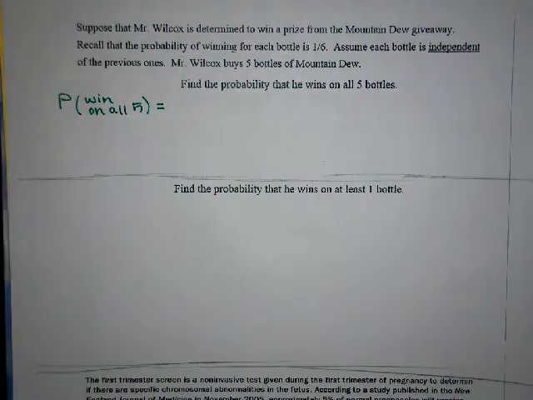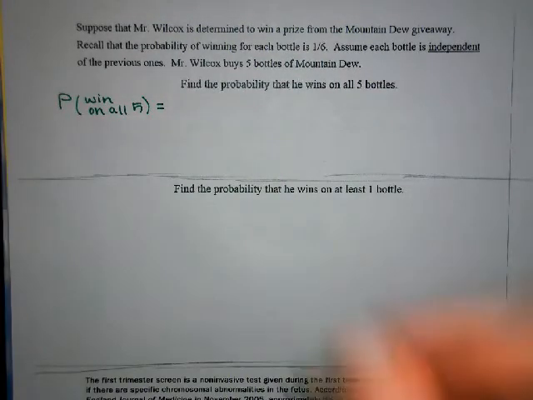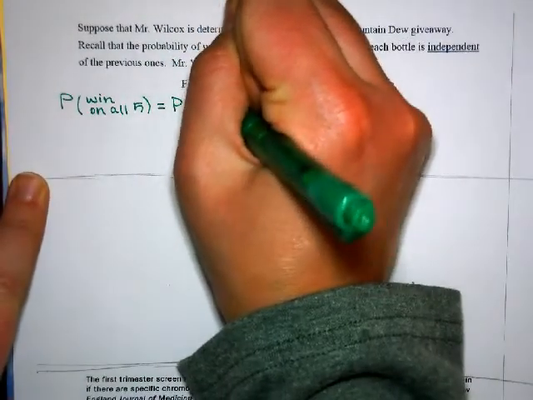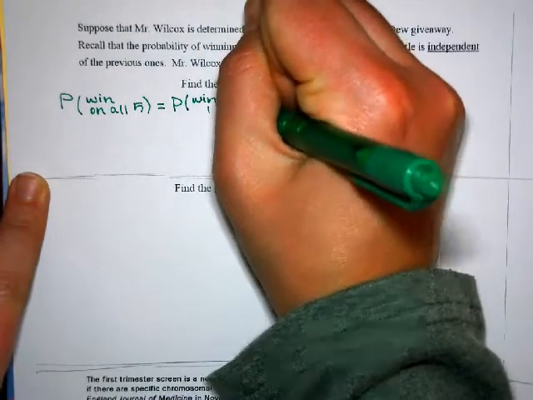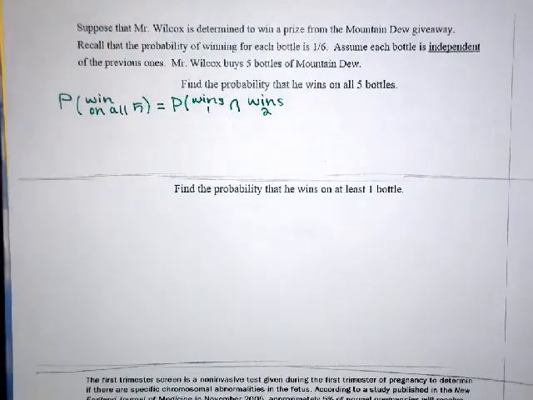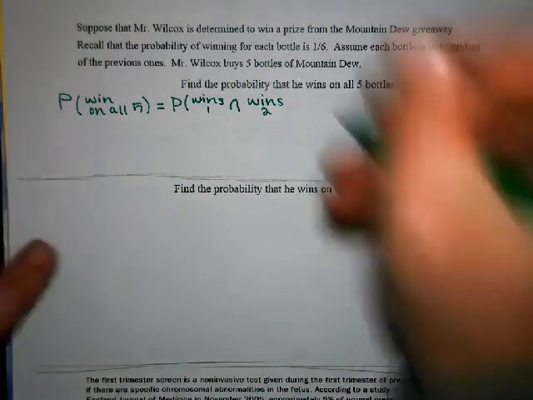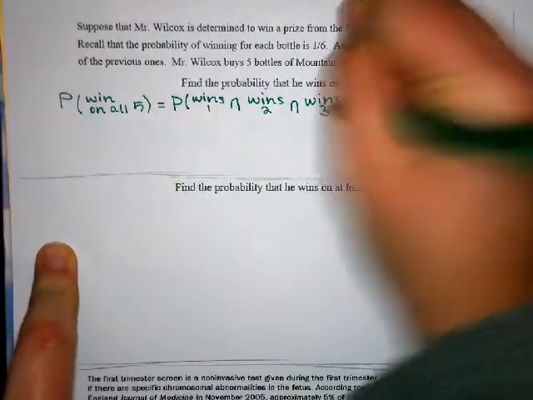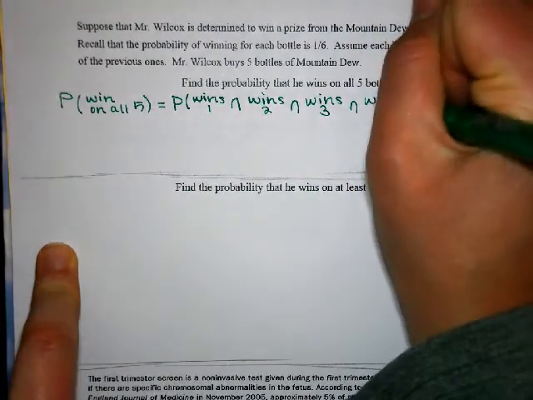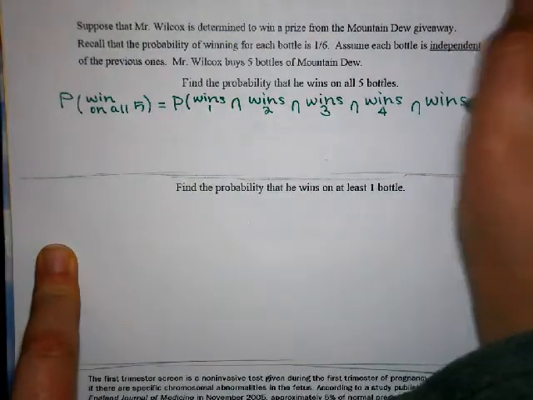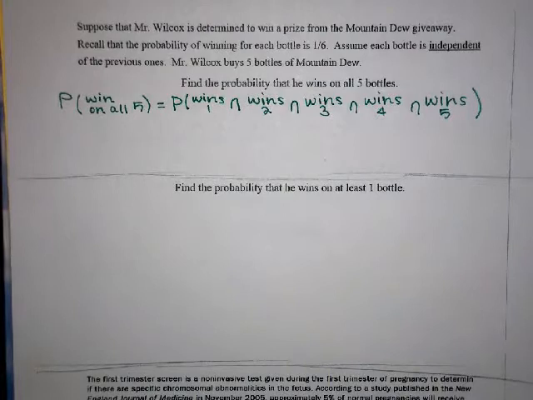So the probability that he wins on all 5 would come from the probability that he wins on the first bottle, and he wins on the second bottle, and he wins on the third, and he wins on the fourth, and he wins on the 5th. That would give us the probability that he won on all 5.